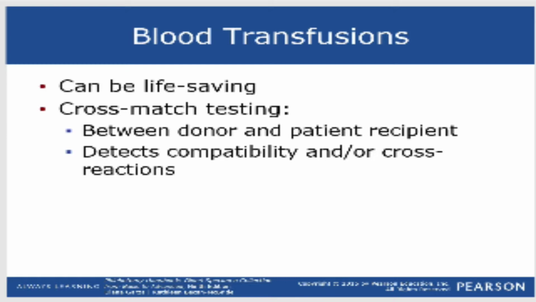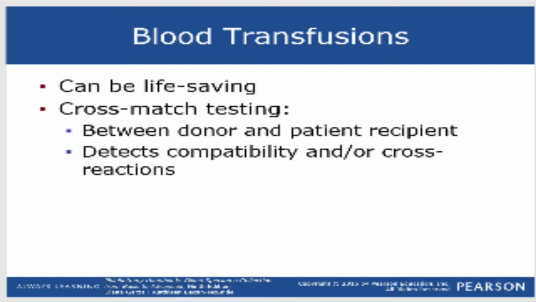If you need a blood transfusion, that means that blood is being taken from one person and given to a different person. And you do know that your body will reject anything that is not part of it. So I can have a rejection reaction to someone else's blood.